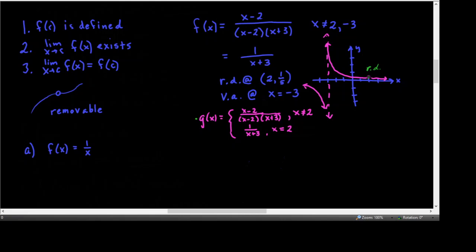The only exception will be anything that would make us either divide by 0 or take the square, fourth, sixth, or eighth root of a negative number, because we only want real answers. We can't divide by 0 and get a real answer. We can't take the square root of a negative number and get a real answer. So if we look at this one, its domain is everything but 0. As long as we're not using 0, we're in good shape.